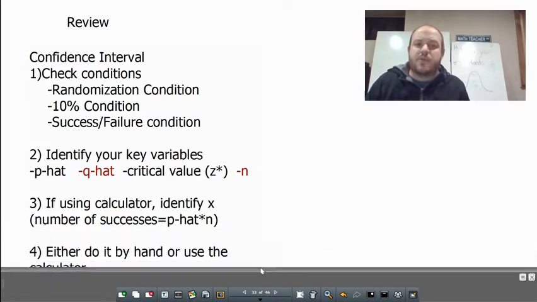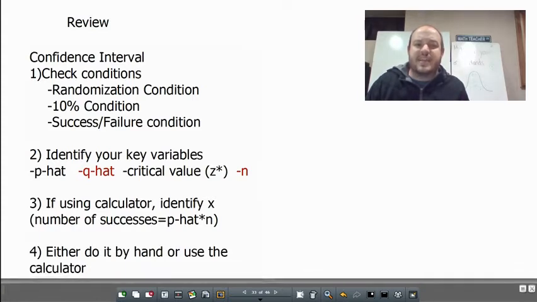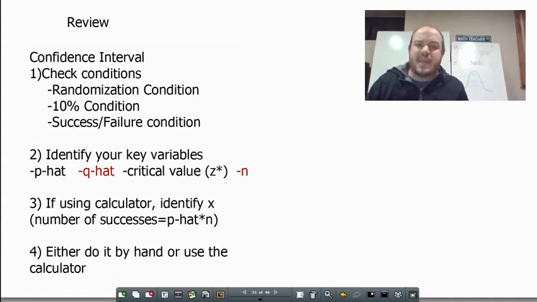The fourth thing we're going to look at is to either decide to do it by hand or use the calculator. This is the final step. This is where you're like, I got everything I need. I'm ready to go. You plug and chug it into the calculator. And if I had to put a fifth step here, it's going to be writing out in a sentence what it actually means that you just found. So sometimes it is good enough to just provide the actual confidence interval with the level of confidence.